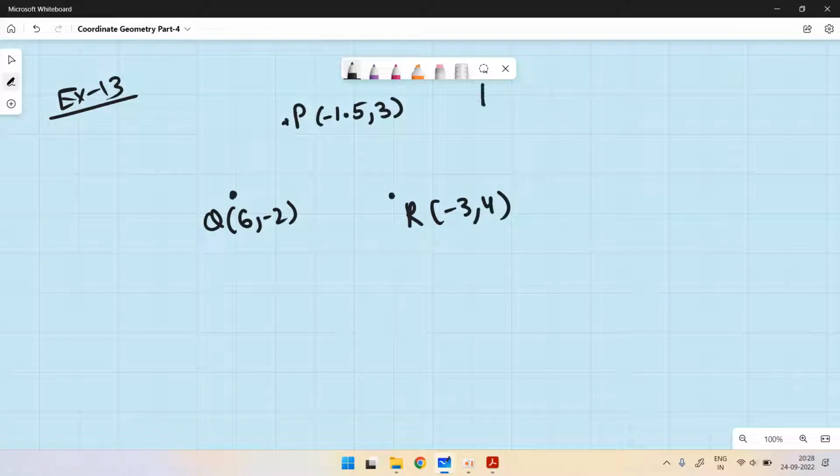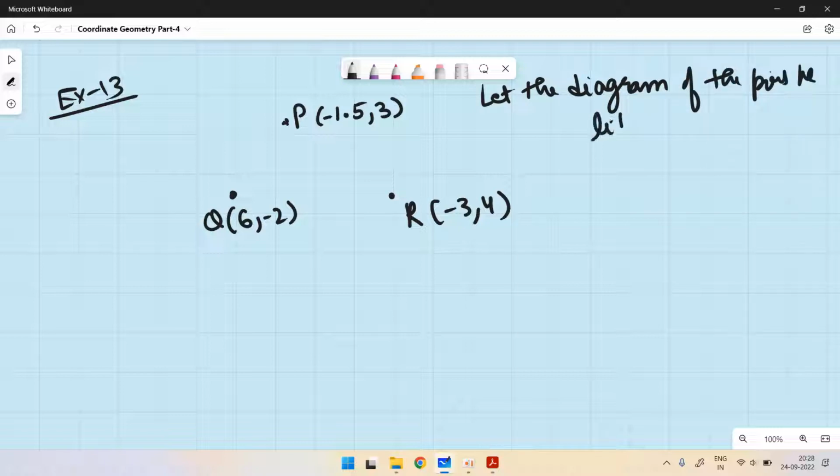Always draw a diagram of the points like this. You don't know what type of triangle it will be, whether it will be a triangle or not, so always draw it like this before solving.